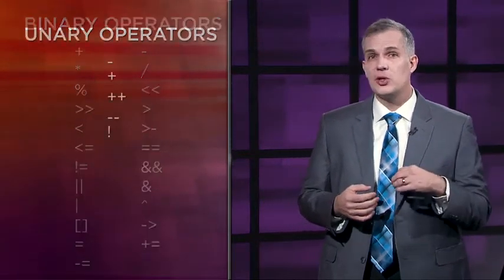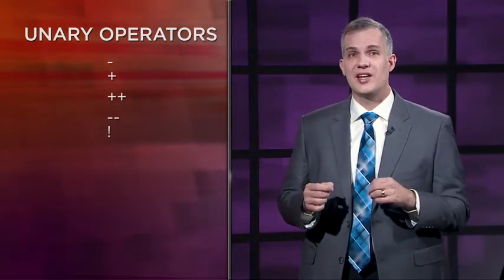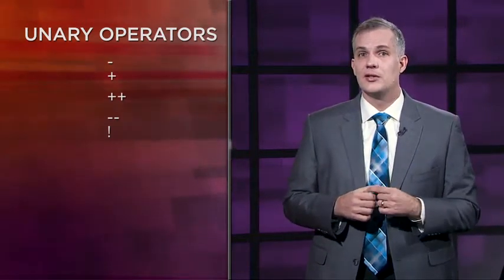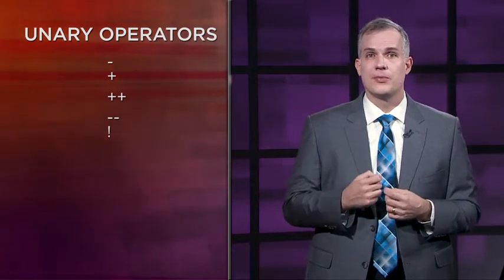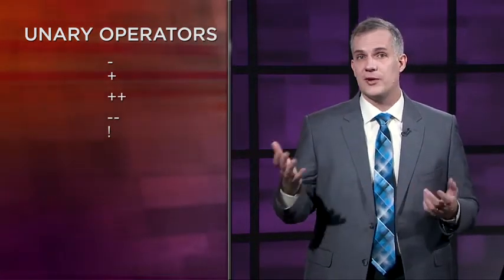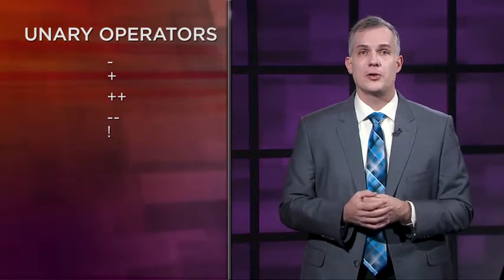And there are also a few unary operators, operators that take just a single element. So these include the minus sign, or the plus plus, or the exclamation point, which is often used as a logical not operator. All these operators, and even a few less common ones, are operators that we can actually overload.